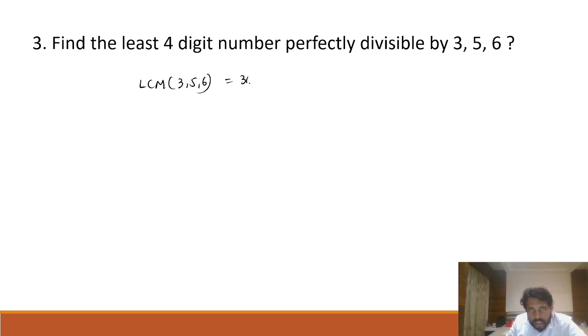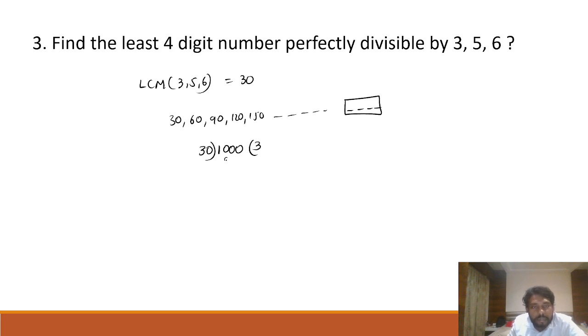You got 30. But now, multiples of 30 are 30, 60, 90, 120, 150, and so on. Where will you get the first 4-digit number, that you need to check. So what I'm going to do is take the least 4-digit number, which is 1000, and divide with 30.